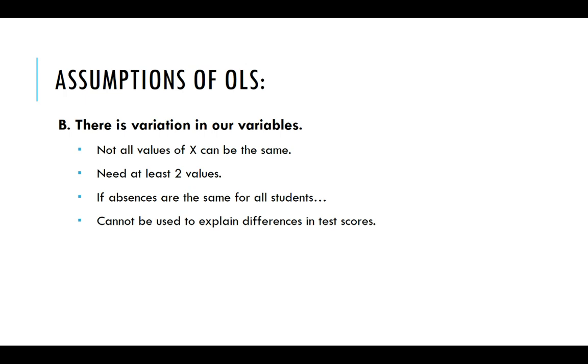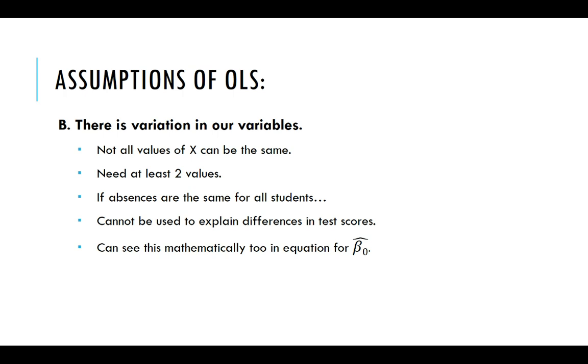If half the students have 5 absences and the other half have 3, all right, I can estimate something from that. It may not be as good as if I had more variation, but I can at least estimate that. But if everyone has 3 absences, we cannot estimate that.